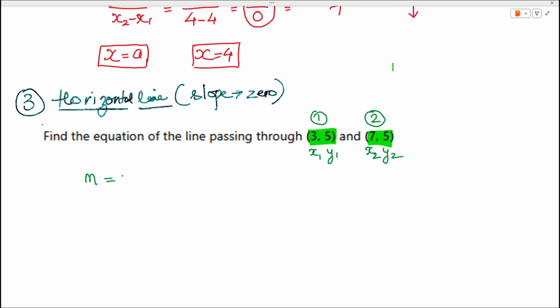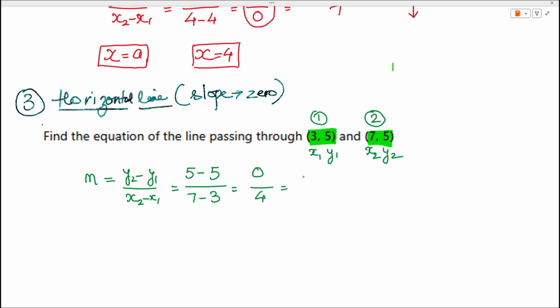The slope of the line is y2 minus y1 over x2 minus x1. y2 is 5, subtract y1 which is again 5, divided by x2 which is 7 minus x1 which is 3. So 5 minus 5 is 0 and 7 minus 3 is 4.